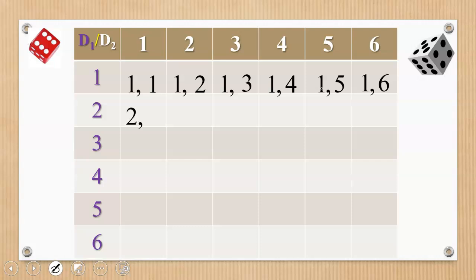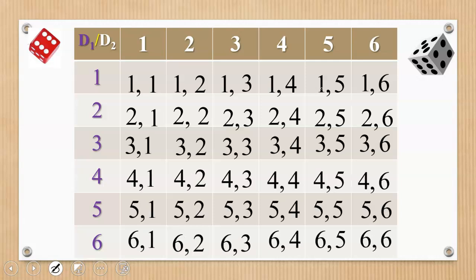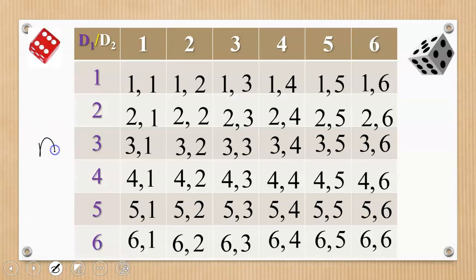Or the possible outcome can also be that the first die comes as 2 and the second comes as 1. First comes as 2, second comes as 2, in that order. So we can fill this and get all the sample space that can possibly come out. And the number of sample space becomes 36, because it's 6 times 6, 36. So these are the possible outcomes.